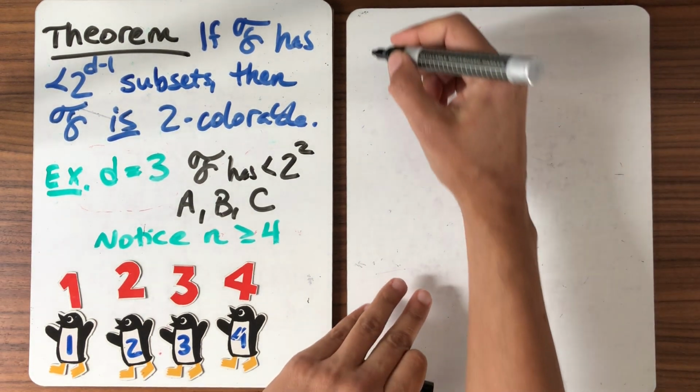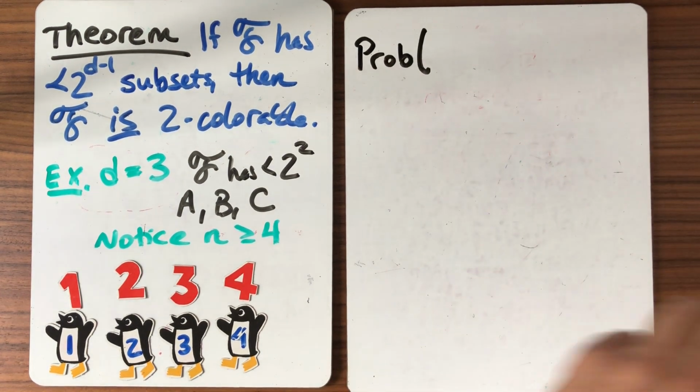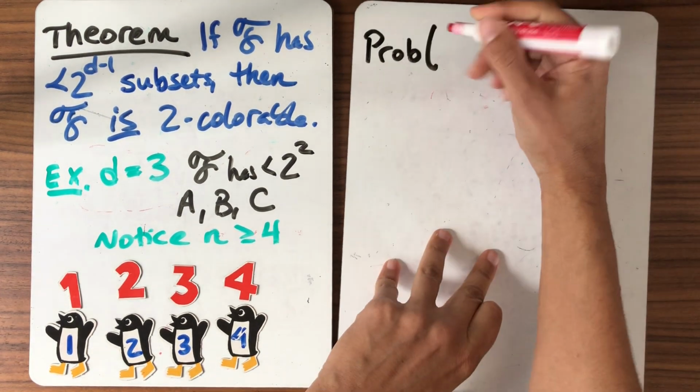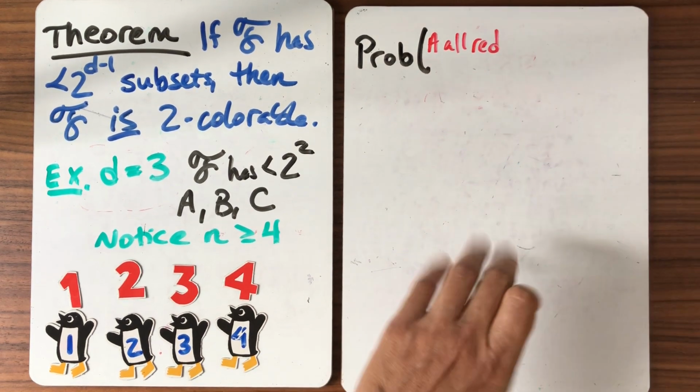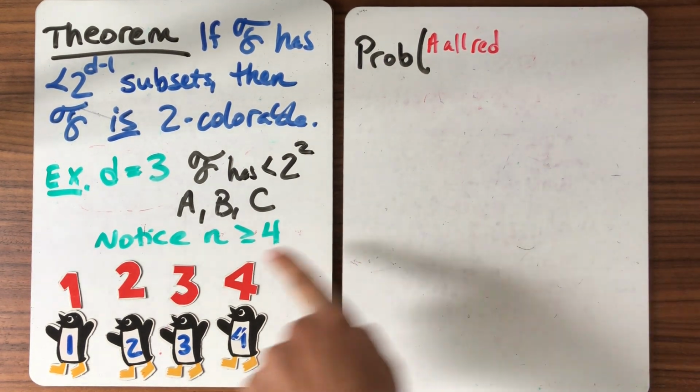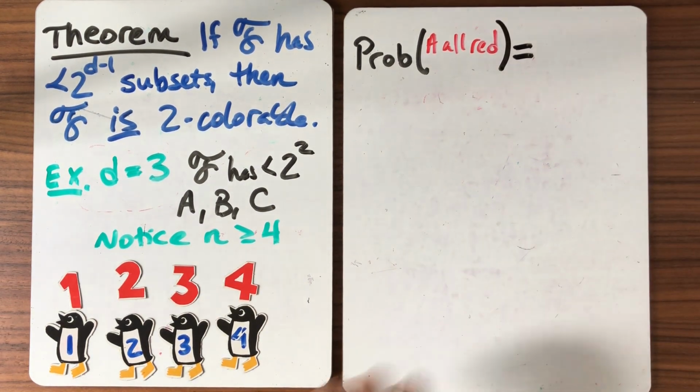So what I want to do is think about the probability that, let's say, A is all red. This would be a bad thing to happen. Well, A has 3 things inside of it.